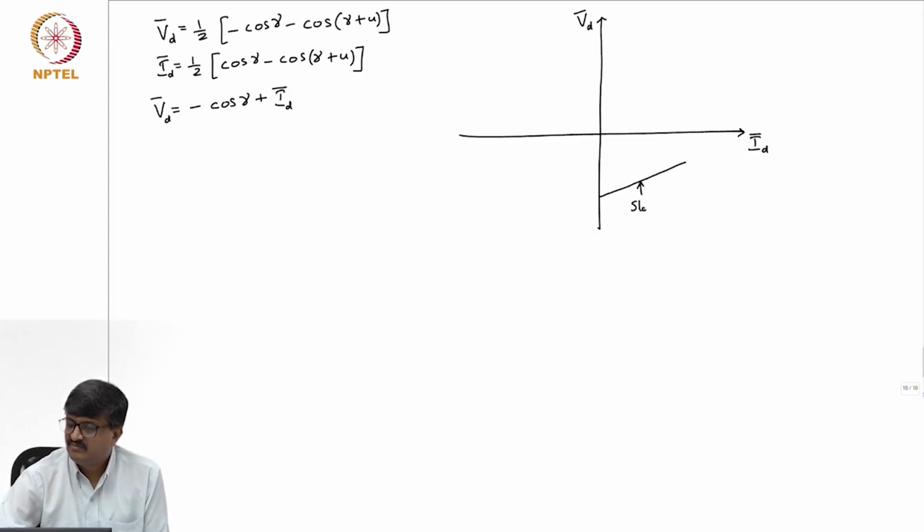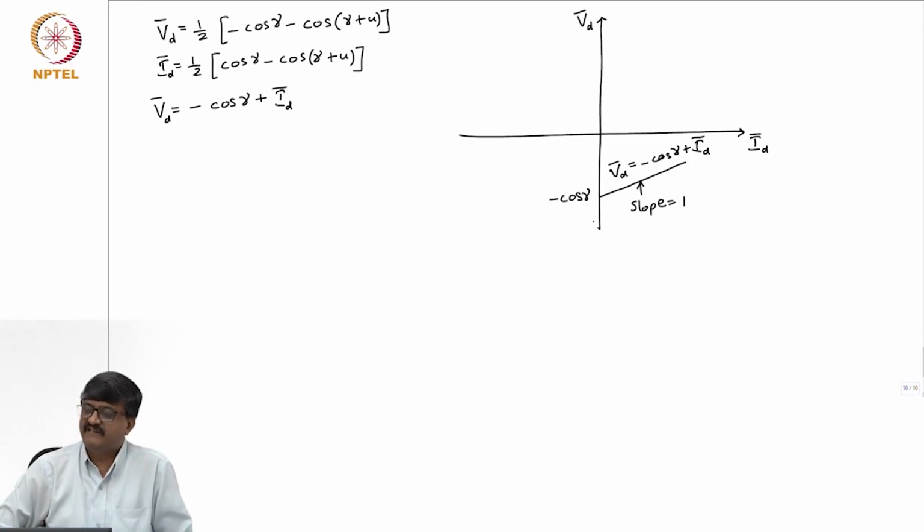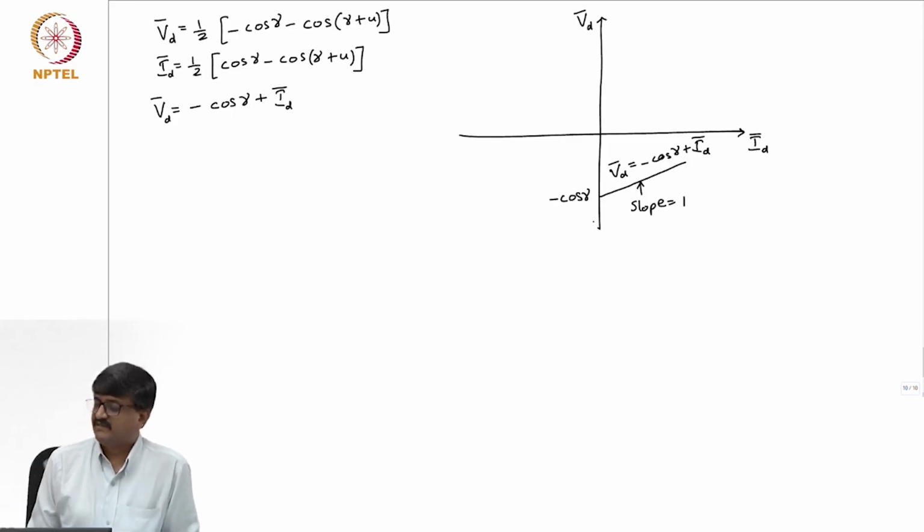I am drawing the straight line represented by VD equal to minus cos gamma plus ID. When ID is 0, VD is equal to minus cos gamma, so this straight line intersects the VD axis at minus cos gamma.